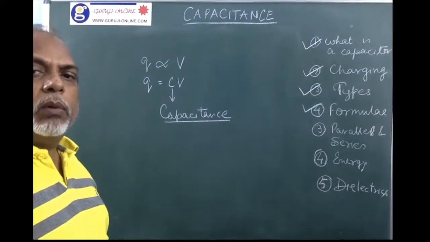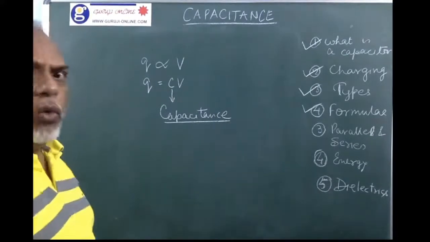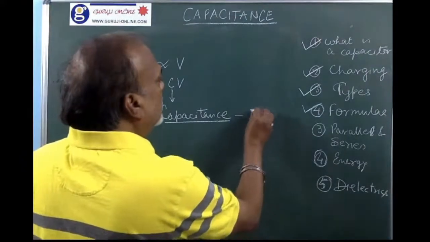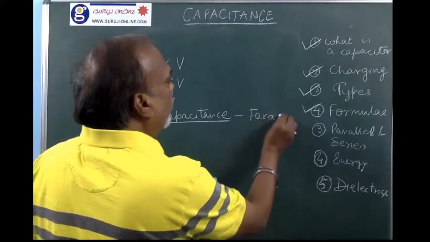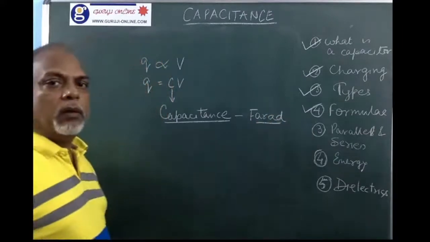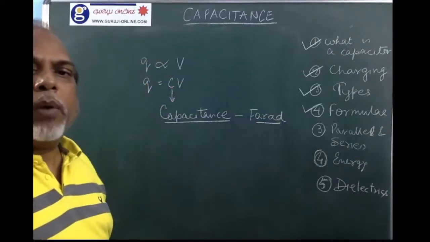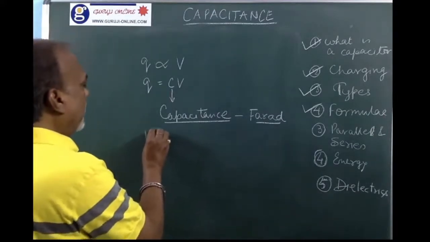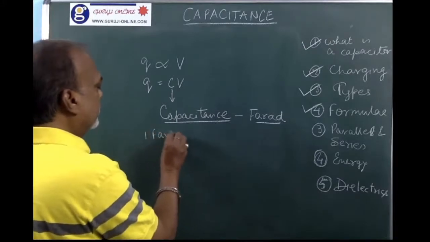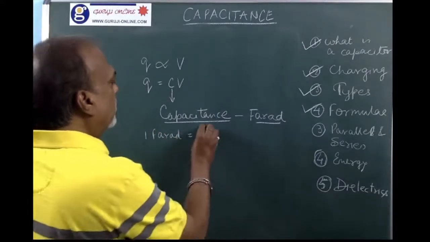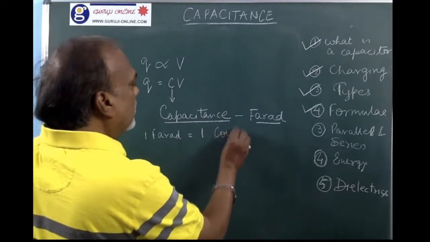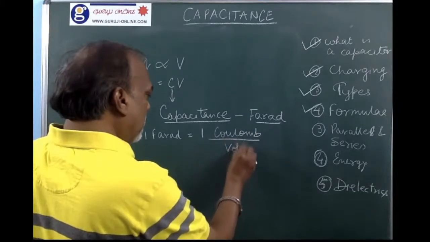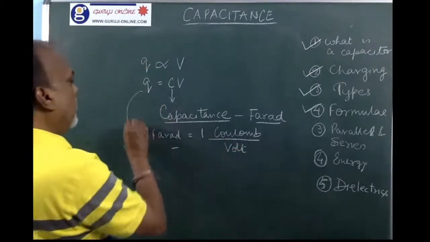Now let us see what its unit is. The unit is measured in farad. And 1 farad is equal to 1 coulomb per volt.